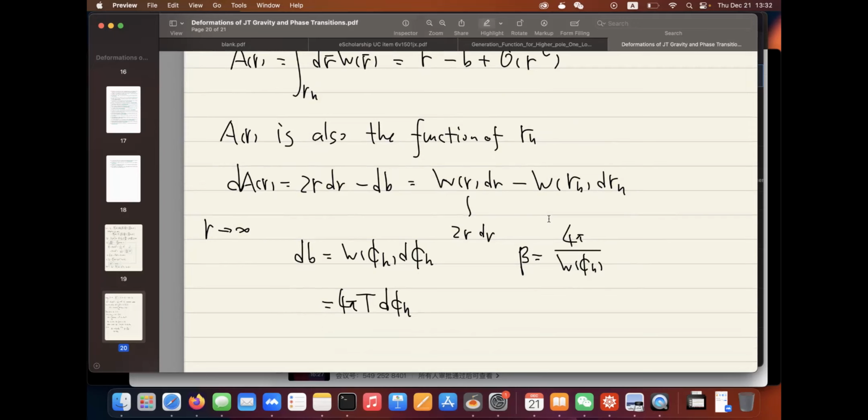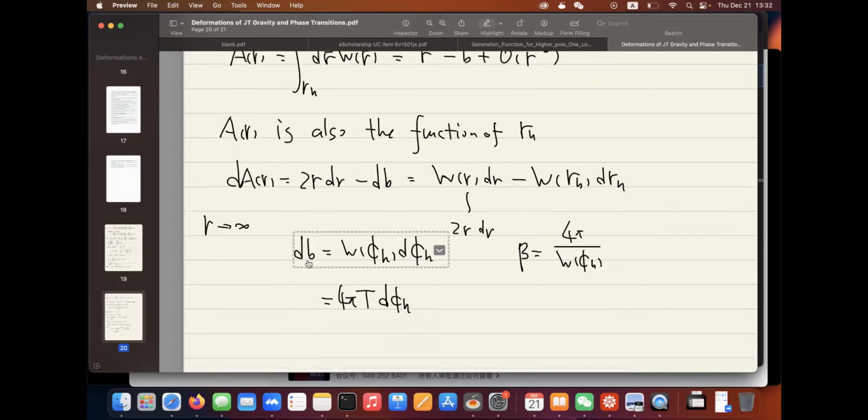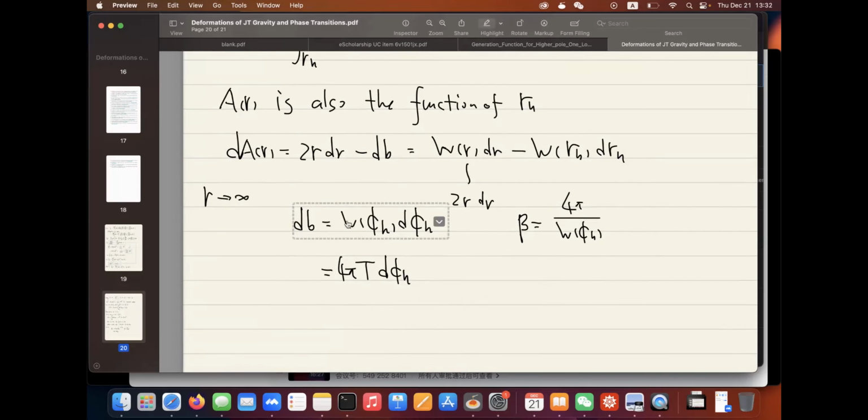Then we take r going to infinity. This is the limit we can take. Then we find these two terms cancel with each other, and the higher order terms can be neglected. So we get an equation, dB equal to W phi h d phi h.